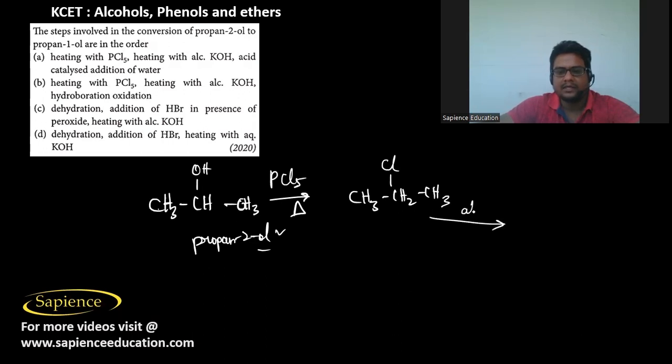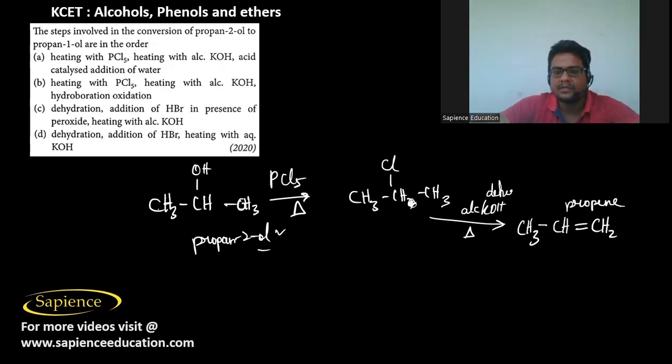Then it is reacted with alcoholic KOH and heated to produce propene. Propene will be formed since when alcoholic KOH is used, there will be dehydrohalogenation. It means that HCl will be removed and propene will be formed.